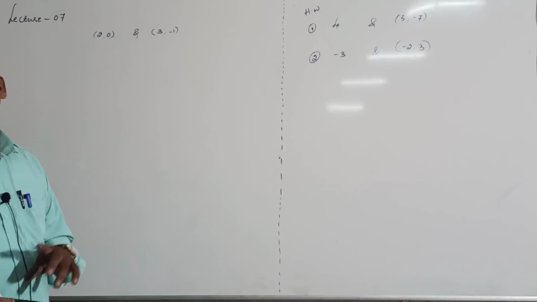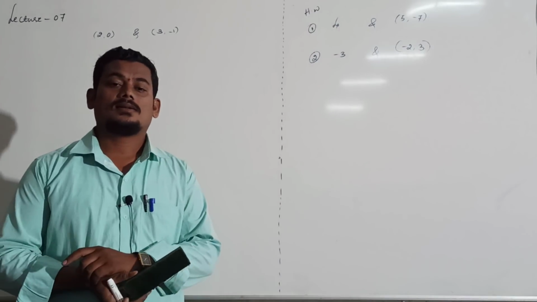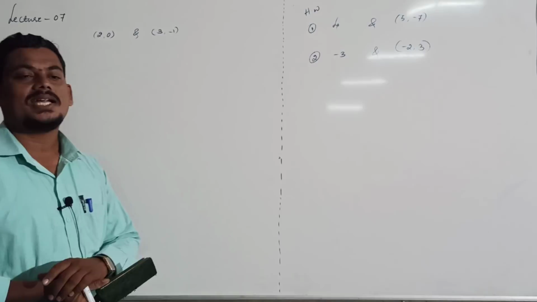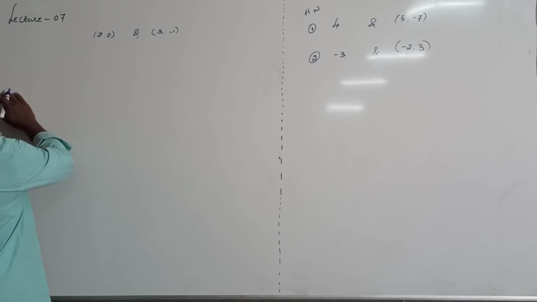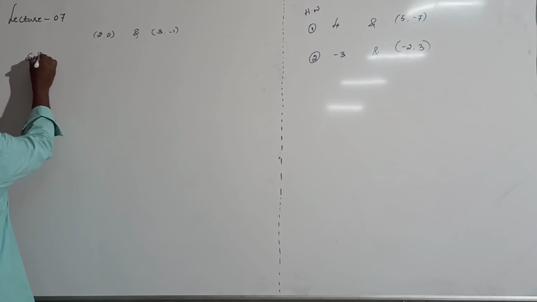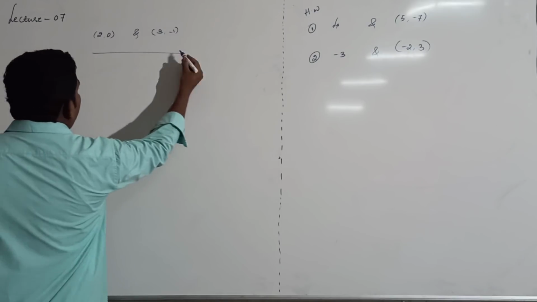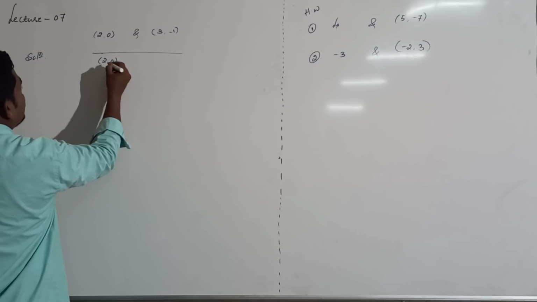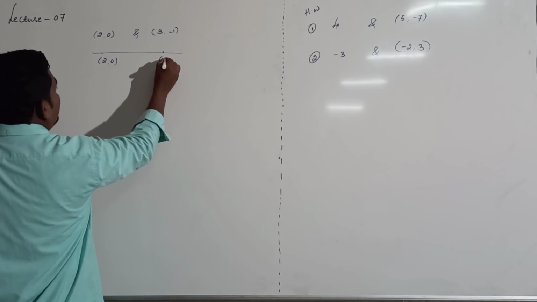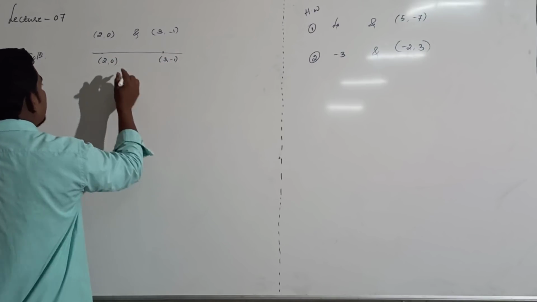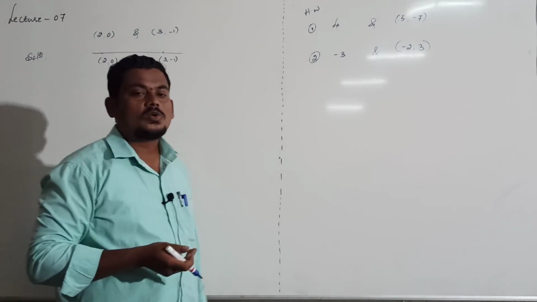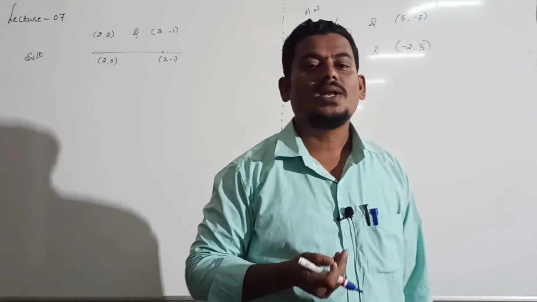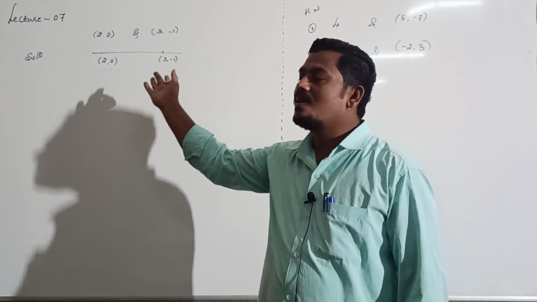In this case we need to find the equation of the straight line. How to find the equation of the straight line passing through these 2 points, right? Take one reference straight line and it passes through the point (2, 0) and one more point (3, -1). Our required line passes through 2 points, so which formula is applicable for finding the equation of the straight line?